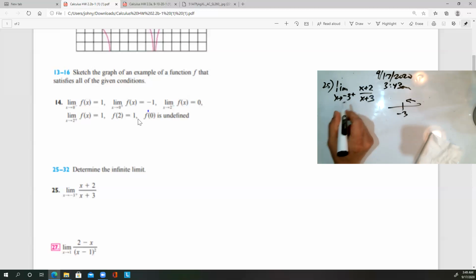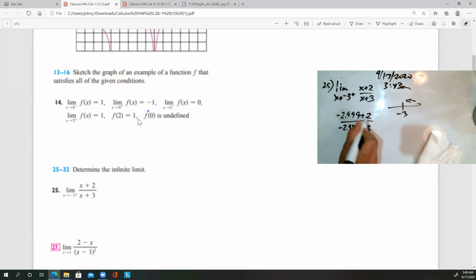So I'm going to put negative 2.999. It's going to get very, very close to -3. Plus 2 over -2.999 plus 3.